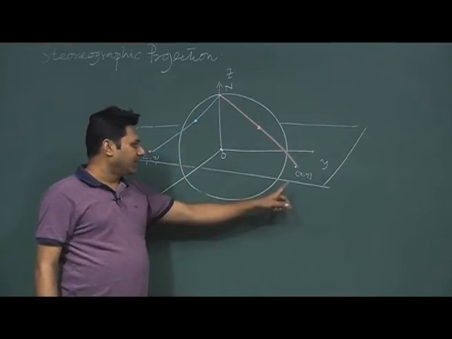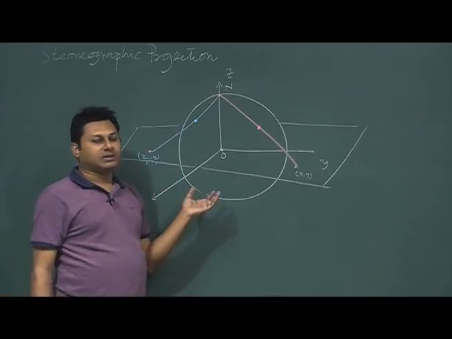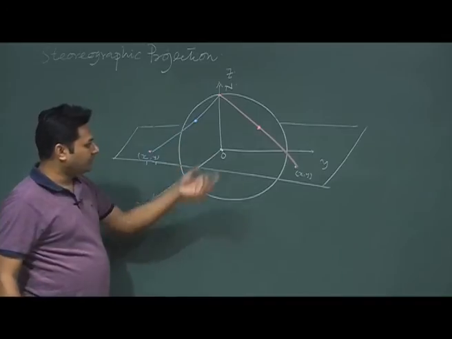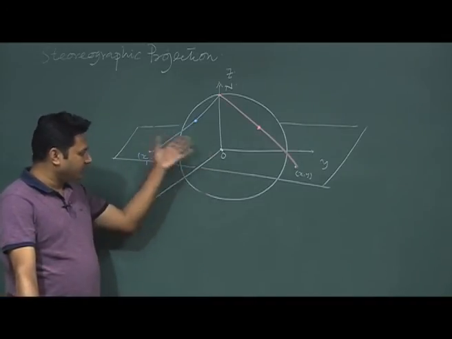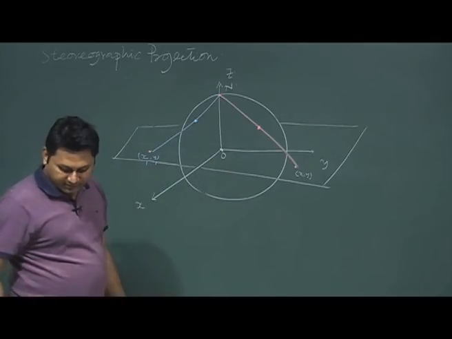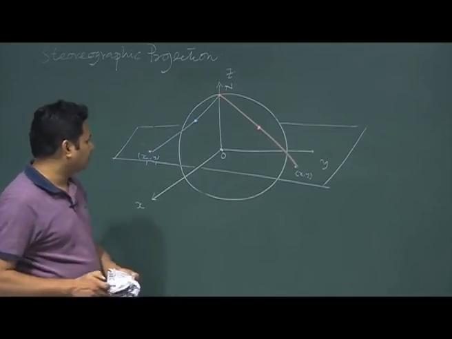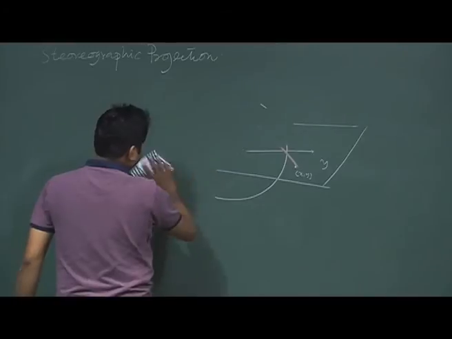So that means this plane can be projected onto all the points over the sphere. This is the infinite number of points in the xy plane, and for each point I will have a unique point here over the sphere. Since the drawing is 3D, maybe it is difficult for you to realize the thing.